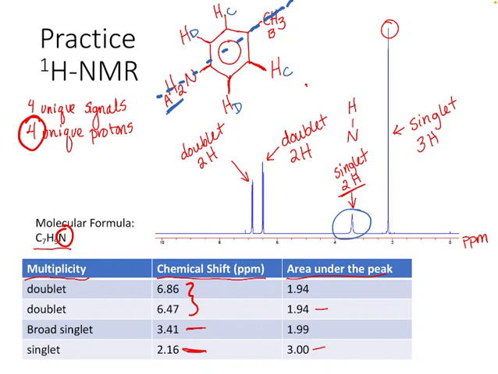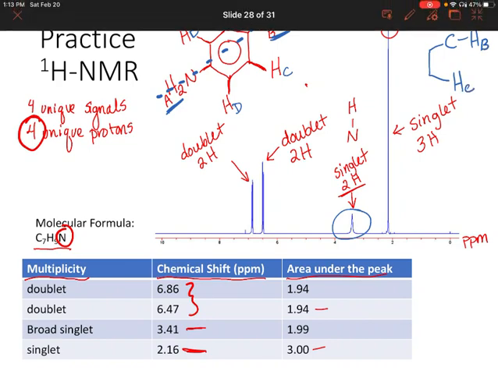What about HB on the methyl group? Those are bonded to a carbon. How many neighboring protons do they have? So actually, those hydrogens don't have any neighboring protons because if we draw out their distance from the next proton, they're too far away.